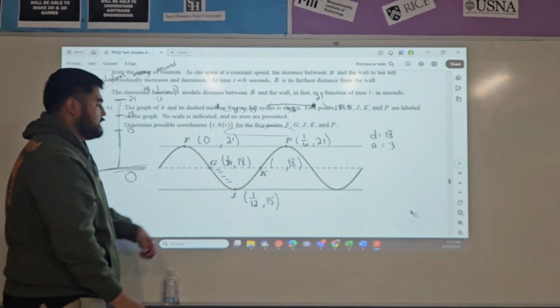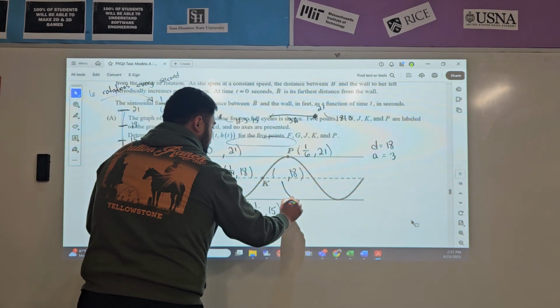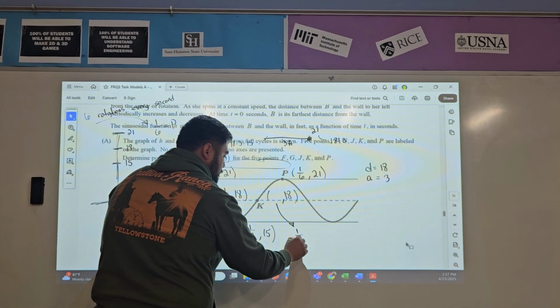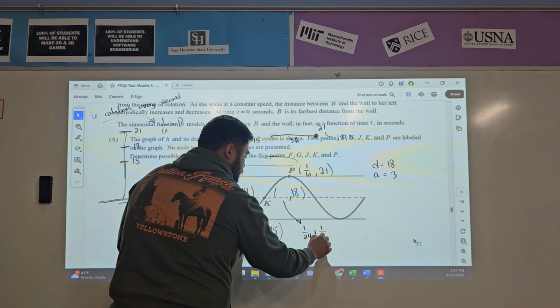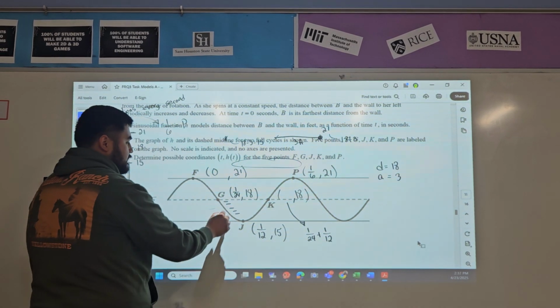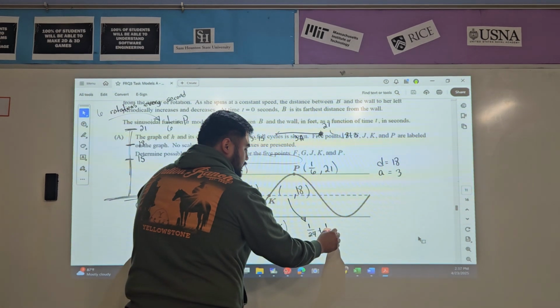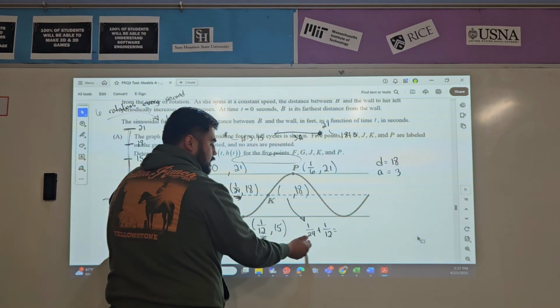And what about this one for K, right? This one's a little bit more challenging because for this one, you literally have to add 1/24 plus 1/12, basically these two right here. So in order to get this, you have to have the same denominator.